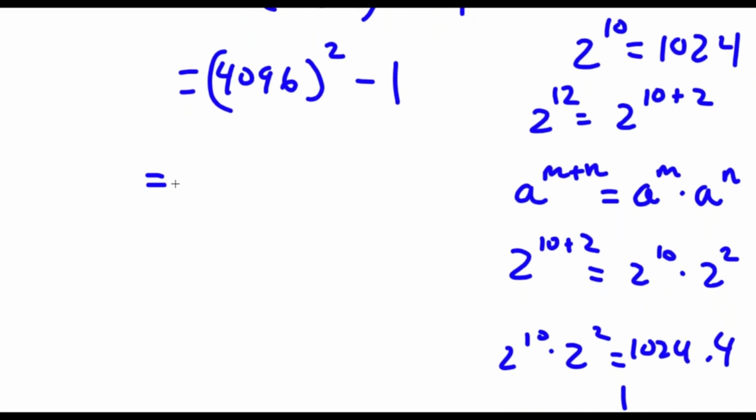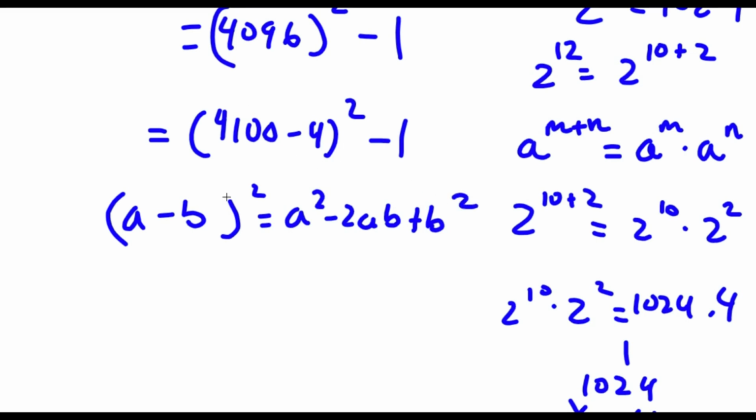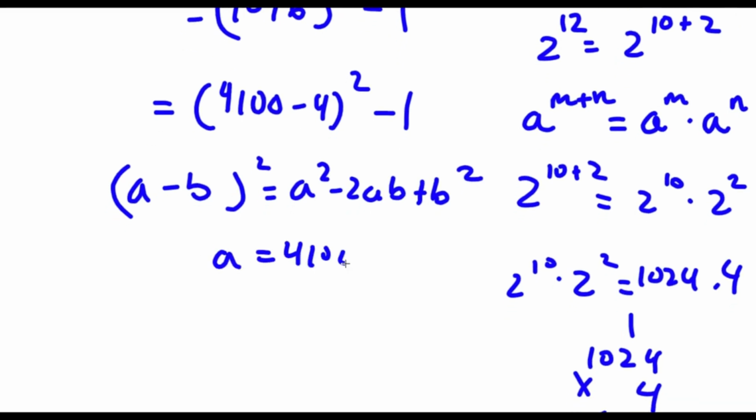Now 4096 we can rewrite as 4100 minus 4, squared, minus 1. And now if I have something in the form a minus b squared, this is the same thing as a squared minus 2ab plus b squared. So in this case, a is equal to 4100 and b is equal to 4.